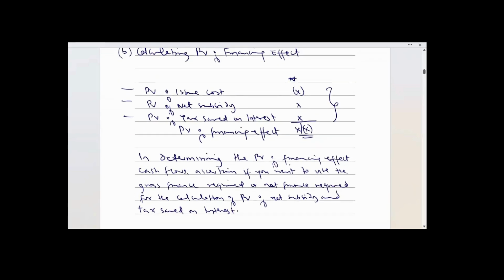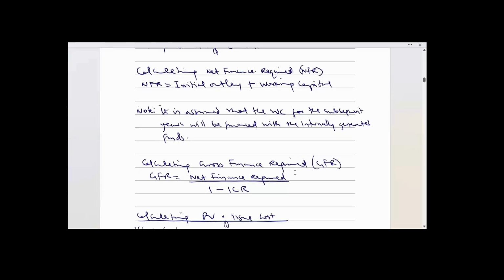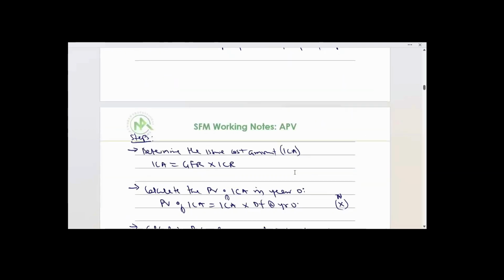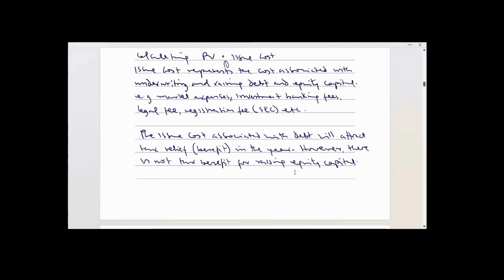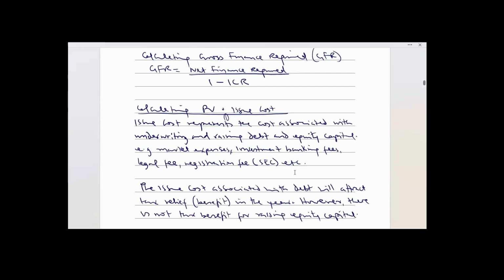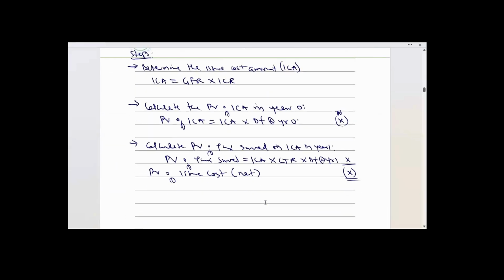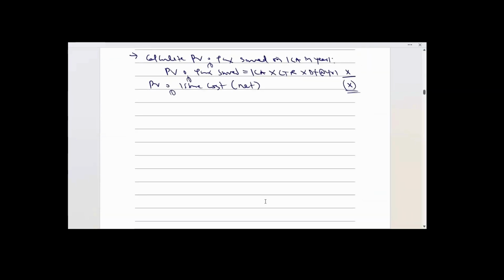Okay, no. All right then, just adding, let me just asterisk. Then I want to calculate the present value of net subsidy.